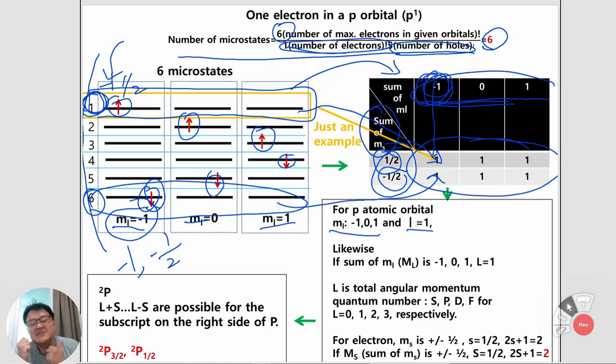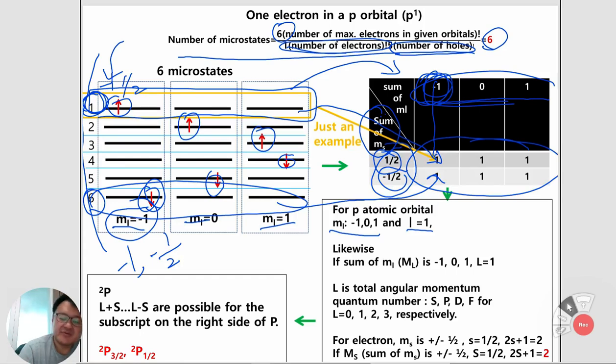So, similarly, the sum of ml, the magnetic quantum number, is given here as capital ML. I told you already that we have only one single electron, so the magnetic quantum number of the electron and the sum of magnetic quantum numbers should be the same in this case. So here the small ml and capital ML should be the same, which are going to be different later for a multi-electron system.